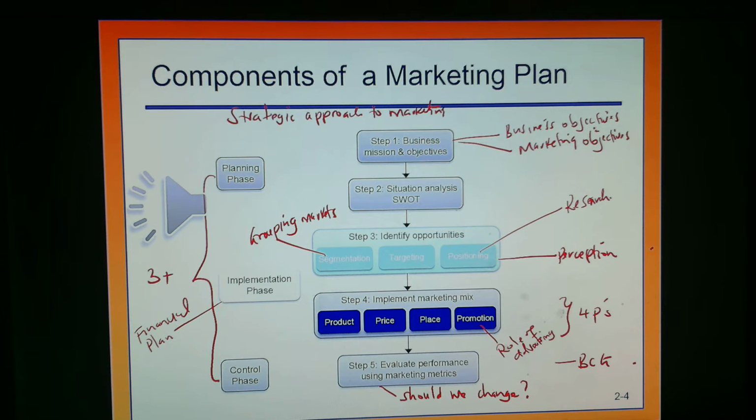For example, you've selected a target market, but then the question comes in, how are you going to reach the target market? How do you want consumers in that target market to perceive you? So this is an issue of perception management when it comes to positioning, because you have to identify a way that you're going to be distinct, unique or different from your competitors, and therefore you want consumers to see you in that way.